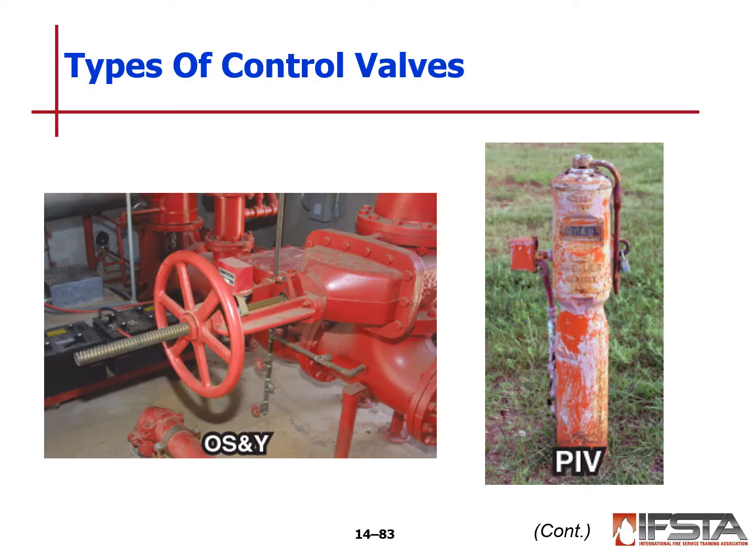A couple different types of control valves. You have outside screw and yoke, which you see in the left-hand picture here. You have the long threaded stem on your OS&Y, and you may also have a PIV, a post indicator valve, or it could be a WIV, a wall indicator valve, and it will look like the picture on the right.